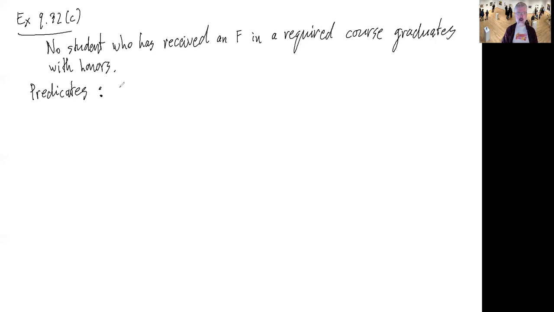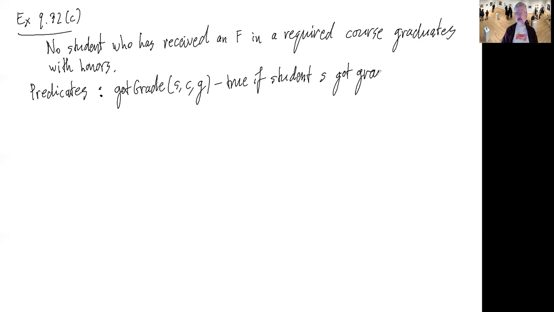So I'm going to have GotGrade(S, C, G), which is true if student S got grade G in course C.